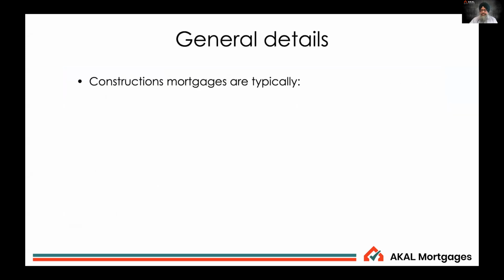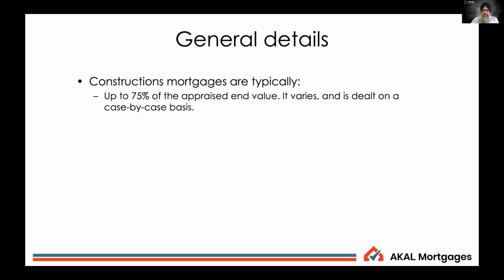Then the general details about construction mortgages: they are typically up to 75% of appraised end value. This was a question from many of you, up to what percentage they lend.